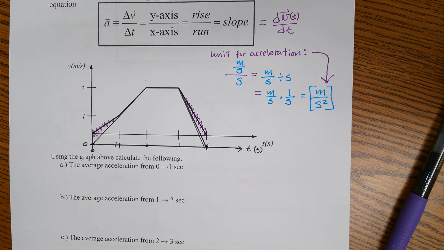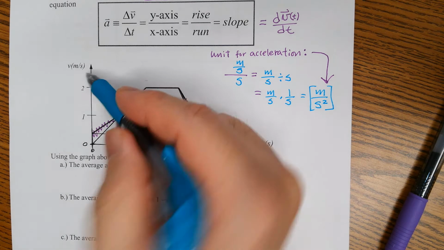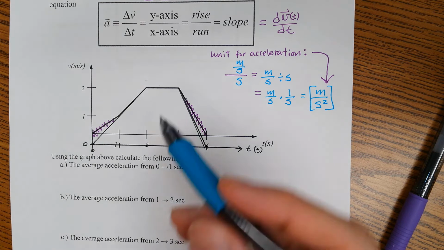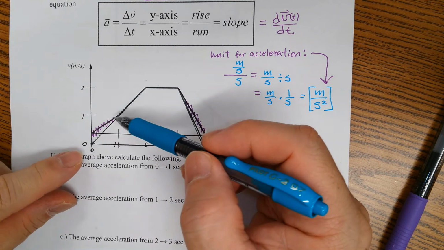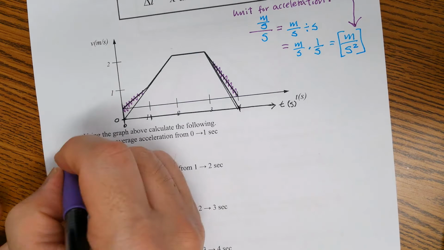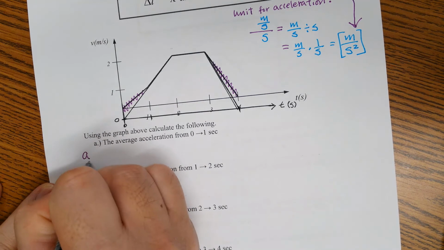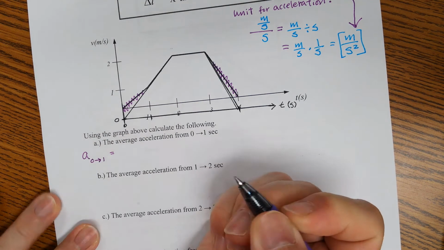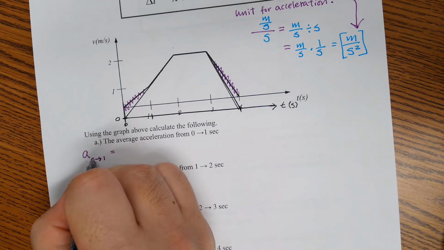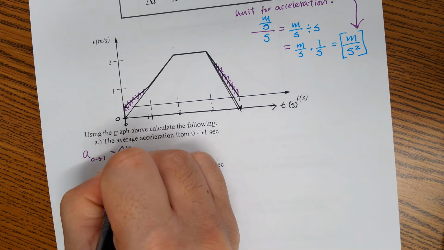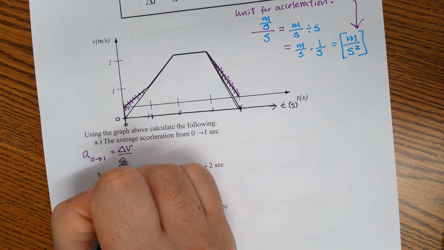All right, so to find the slope of the velocity versus time graph, let's look at the slope of the velocity between 0 to 1 second. If I find the acceleration from 0 to 1 second, that's the average acceleration, right? By definition, average acceleration is delta v over delta t.